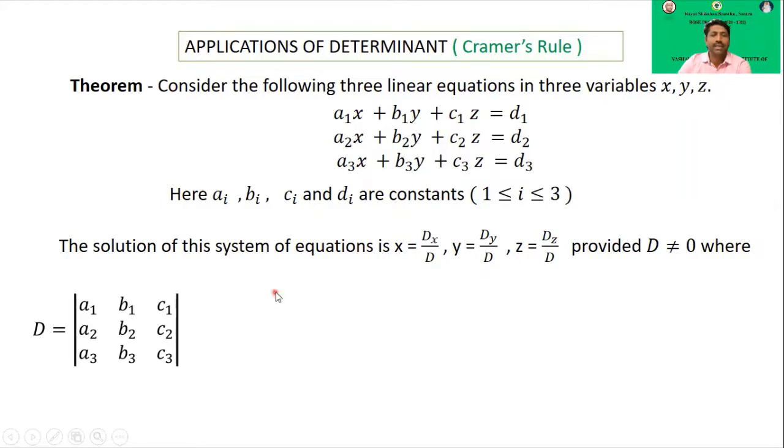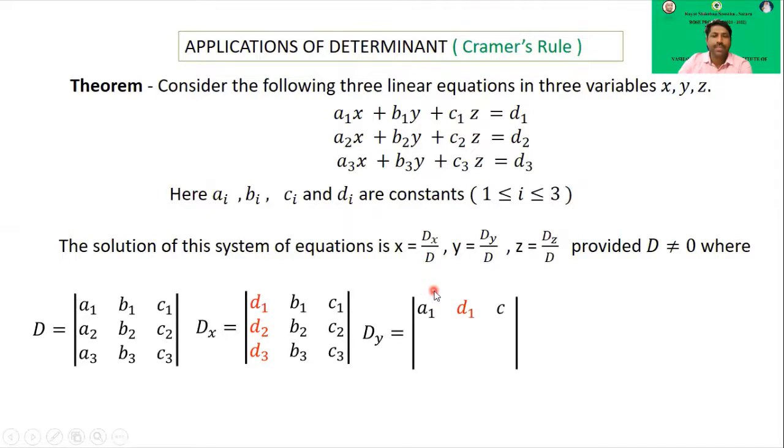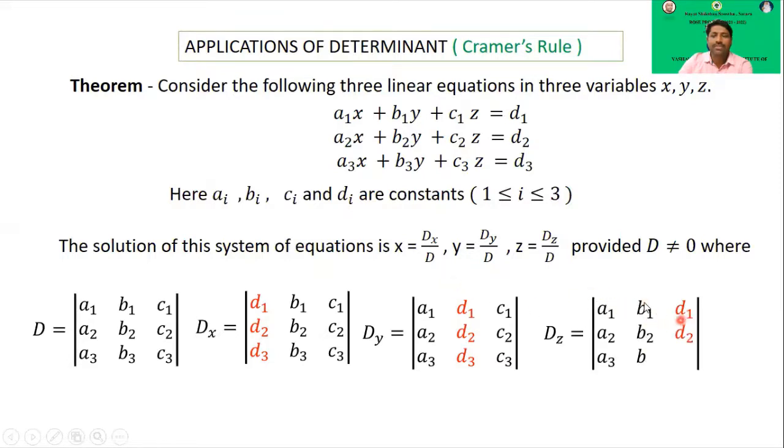Now dx is the determinant obtained by replacing the coefficient of x by the constants d1, d2, d3. dy is the determinant obtained by replacing the coefficient of y by the constants. And dz is obtained by replacing the coefficient of z by the constants. So these are dx, dy, dz, and d. d must be different from 0.